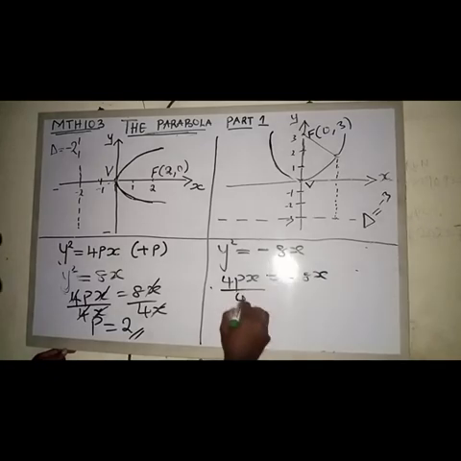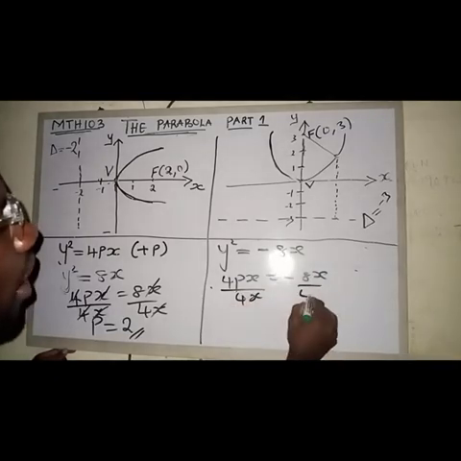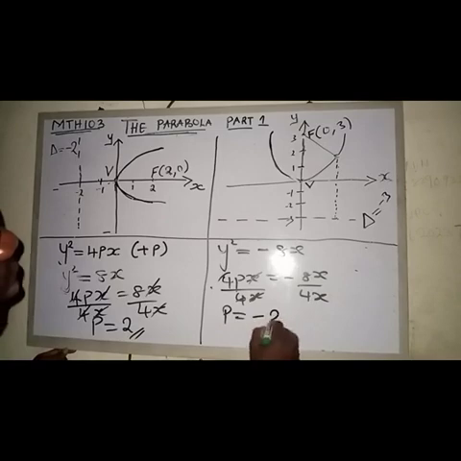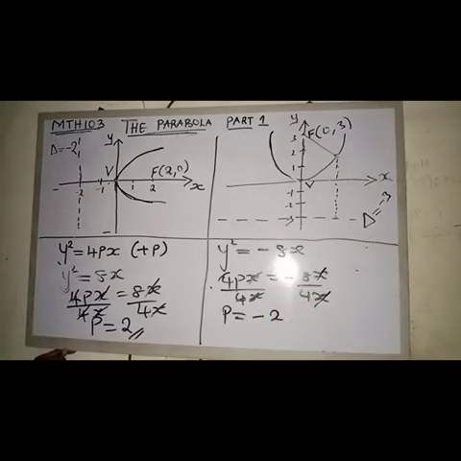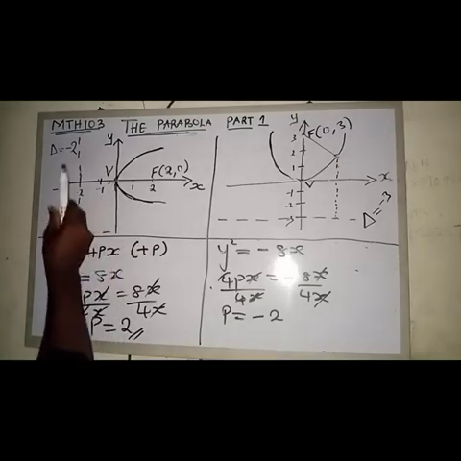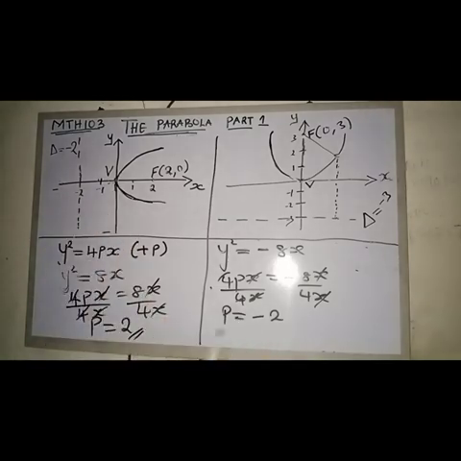Divide both sides by 4x. So we have p is equal to minus 2, because x cancels x, and 8 divided by 4 is 2, so we have minus 2. Now it means that our distance from the focus to the vertex is negative 2.